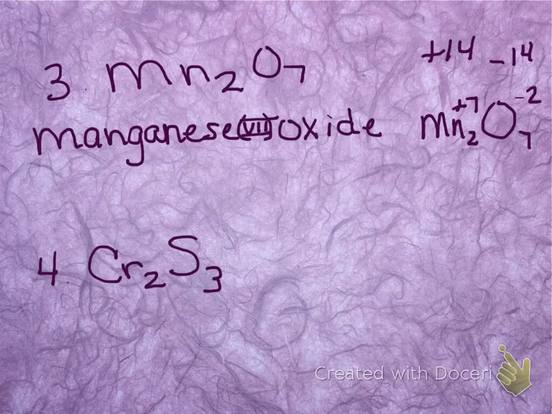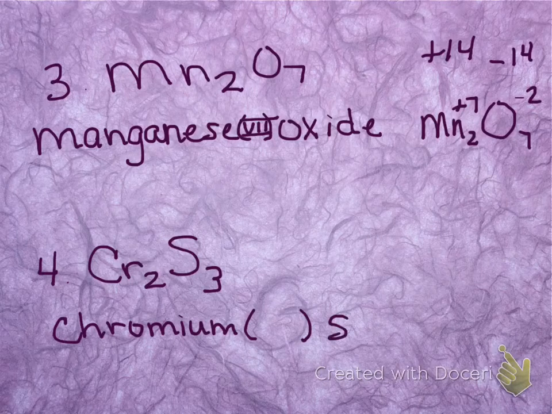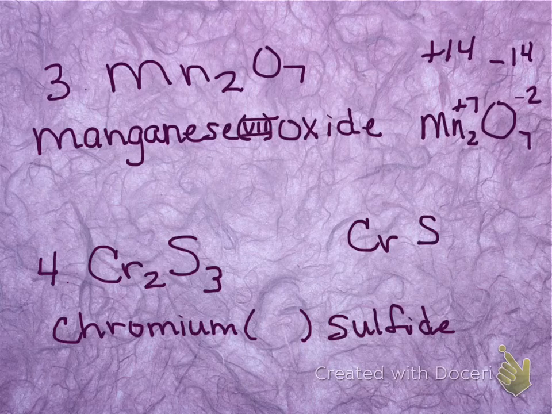Last one, CrS3. Cr is chromium. We've got to have parentheses. S is sulfur, so we're going to change the ending to IDE, sulfide. So we've got Cr and we've got S. If you look at your periodic table, the charge on S is -2. 3 times -2, -6, total negative charge.